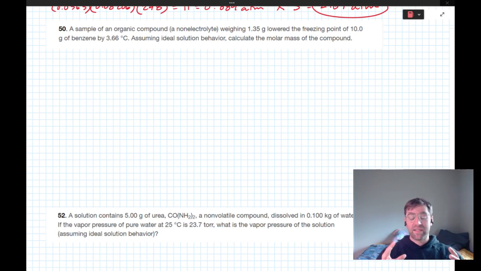So this is a really cool quantitative way of identifying an unknown compound by simply putting it in solution with something that it is soluble in, right? If you take organic chemistry next year, you will get to do this in the lab with a lot of organic molecules.